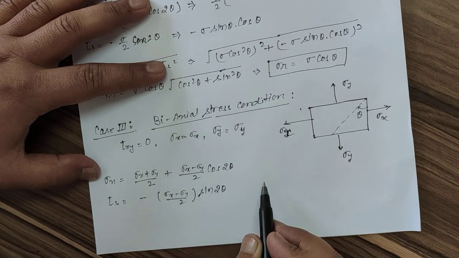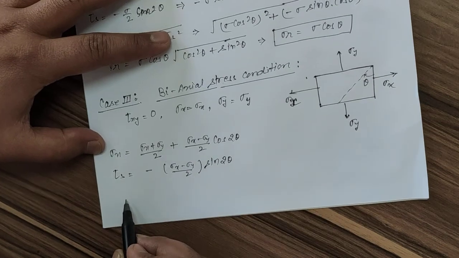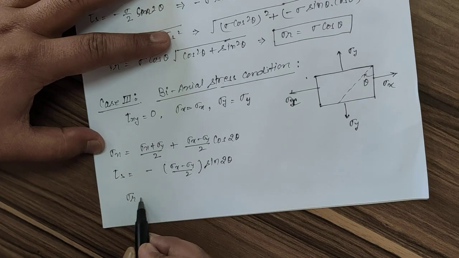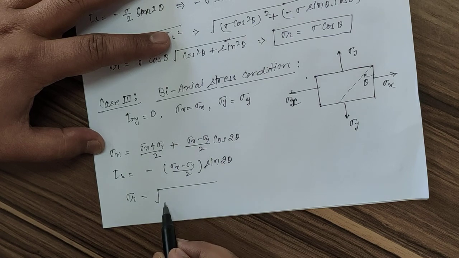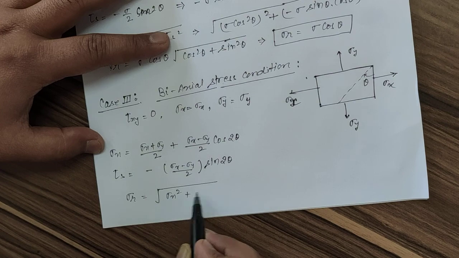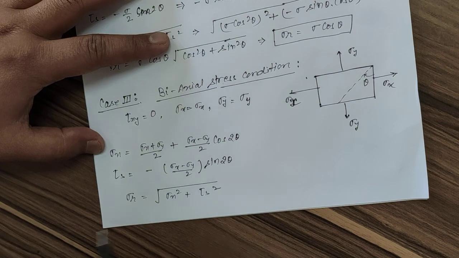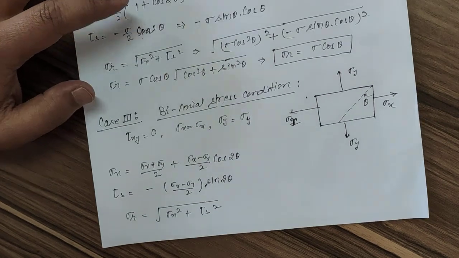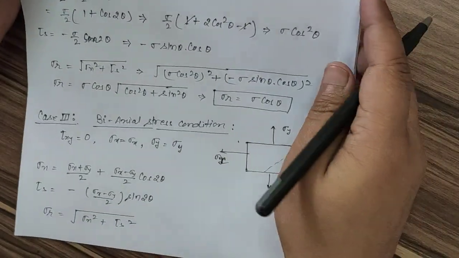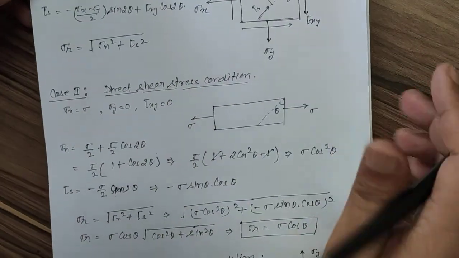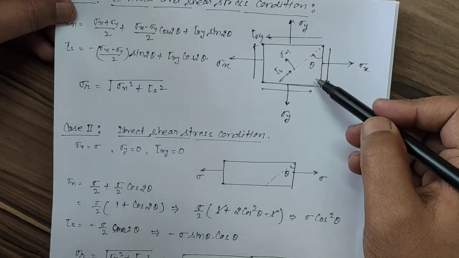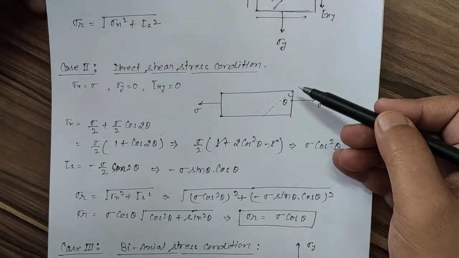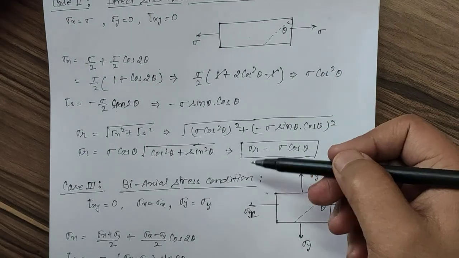With tau xy 0, from here we can also calculate the value of resultant stress. Sigma r is the resultant stress, and it will be equal to sigma n square plus tau s square. Okay, so this is case 3. How are we going? We have developed first for the generalized case, and now we are putting condition after condition.